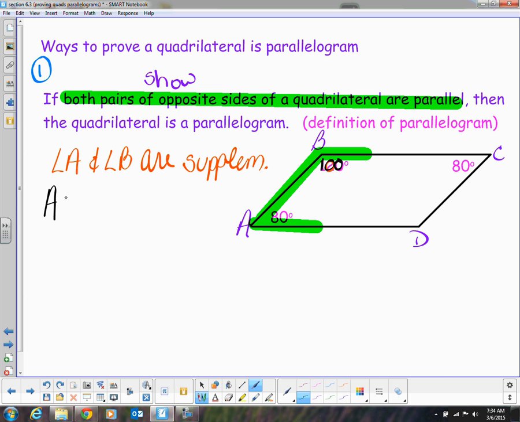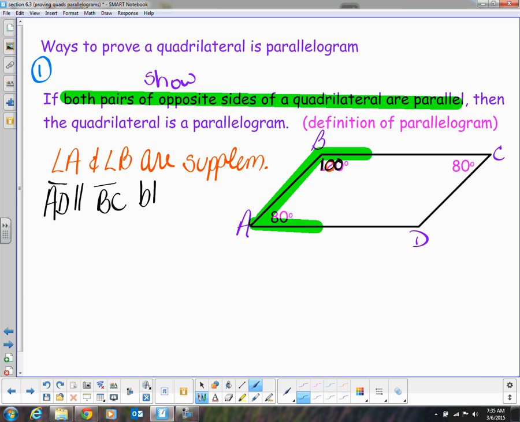A, which one? Okay, is DC marked with a highlighter? AD is parallel to BC, all right? Do you see how the U helps me figure out which sides are parallel? That's one of the most important things I can model for you today.